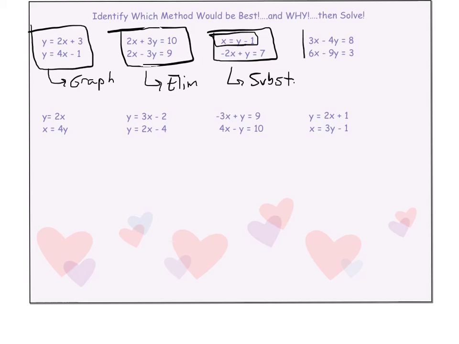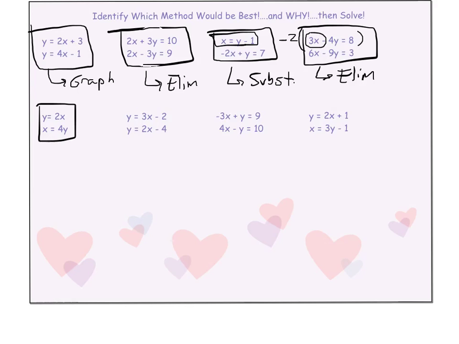For the fourth one, okay, we have everything in standard form, and 3 does go into 6. So if I were to multiply everything in that top equation by -2, I would create coefficients that cancel each other out. So let's try elimination on that one. Here we have an x equals and a y equals.